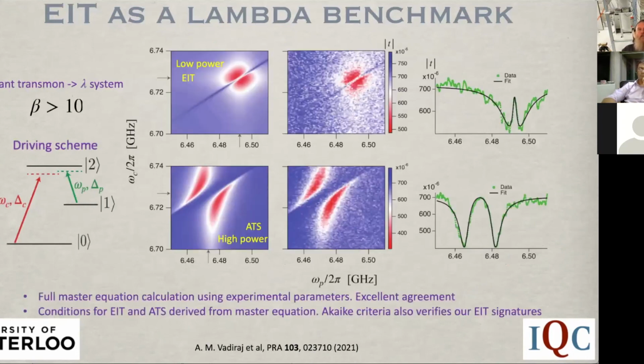So I was wondering whether you can see these effects in the giant transmon in a ladder type or V type of system as well. I mean, I think it might depend on different things, and I think.